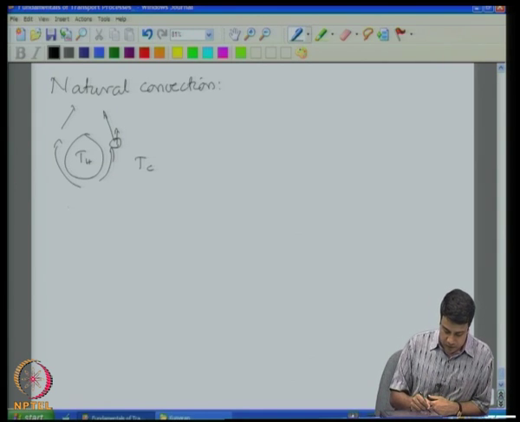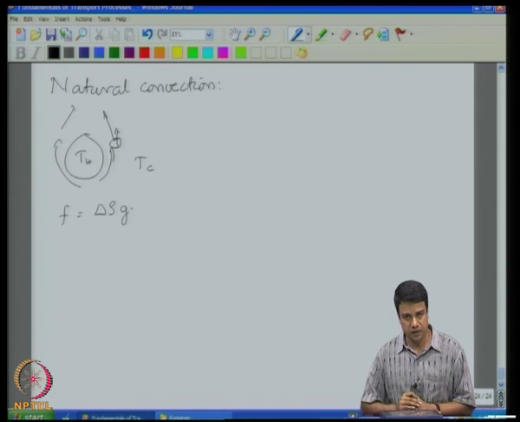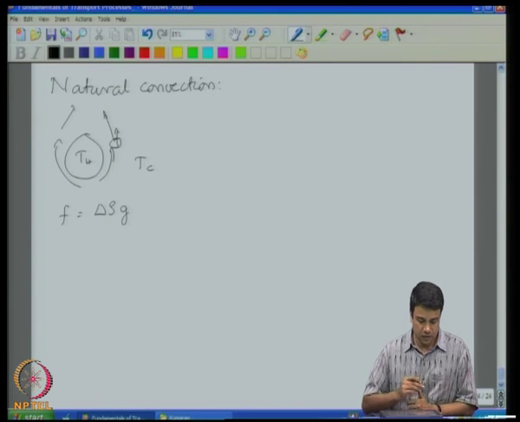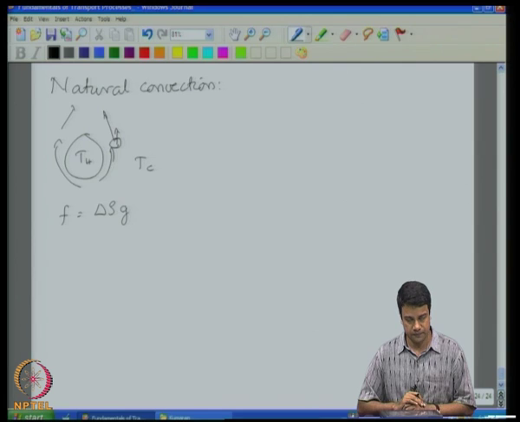That force is equal to the difference in density between this and the outside, times the gravitational acceleration. So, this is a force per unit volume acting on a parcel of fluid because its temperature is higher than the temperature outside. What is delta rho?